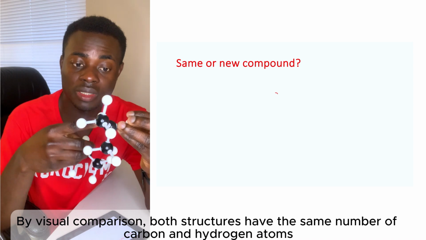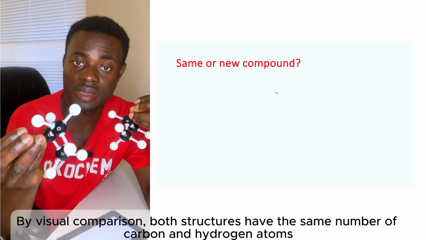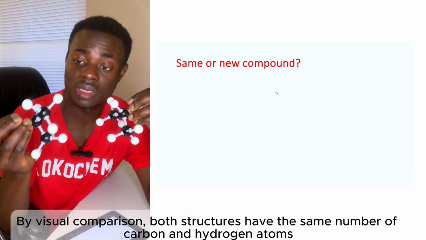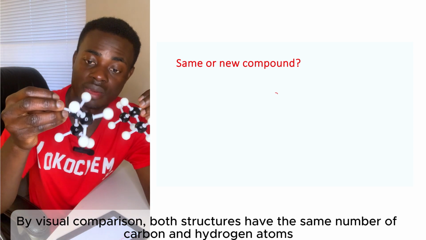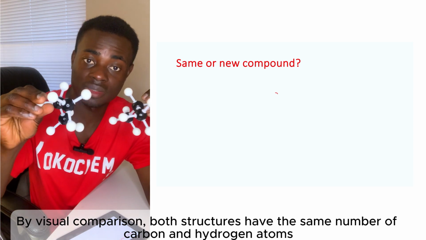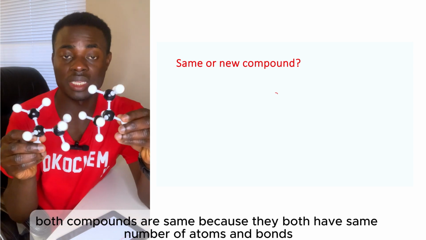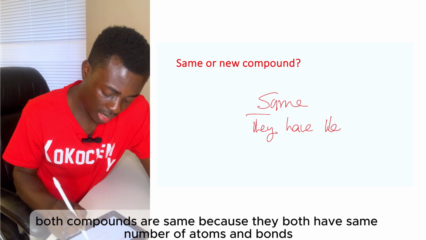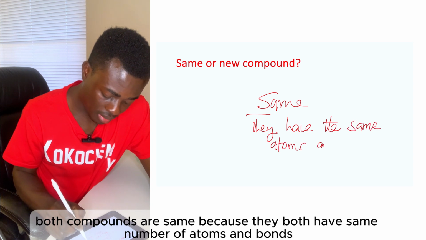The number of carbons here, the number of carbons there, the number of hydrogens in this compound in my left hand, and the number of hydrogens in this compound in my right hand. So that means we will say it's the same compound because they have the same atoms and bonds.